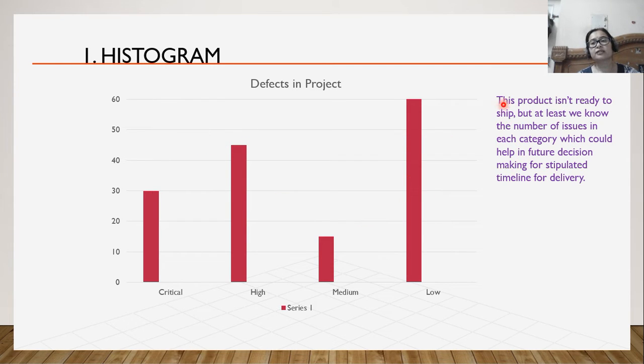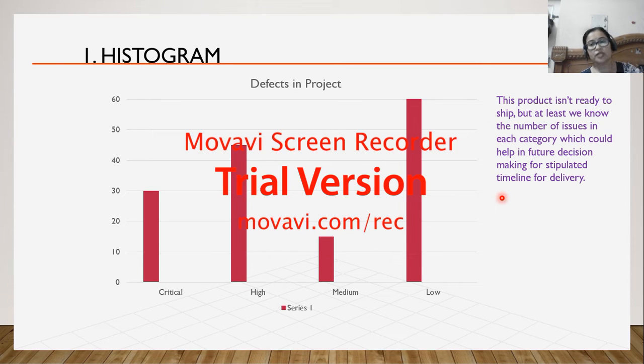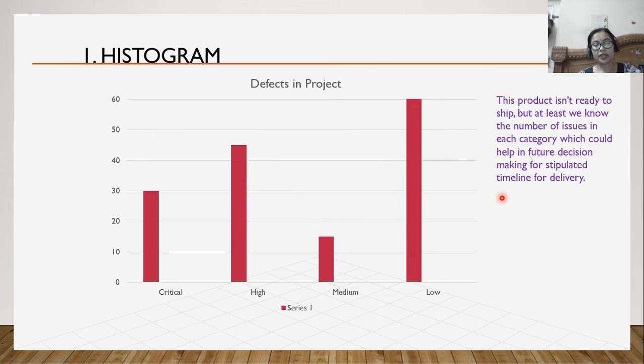Here, this project is still not ready to ship, definitely, but at least we know the current status exactly of our product. So, it will help us in future decision making, like how much stipulated timeline is required for the next delivery. This is all about histograms.